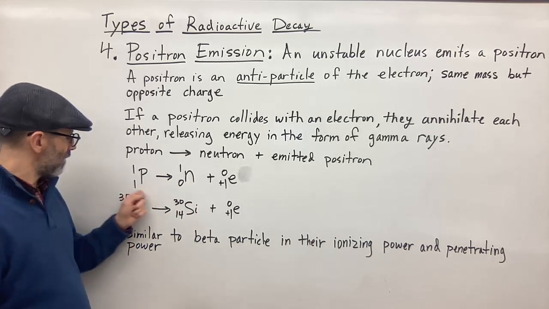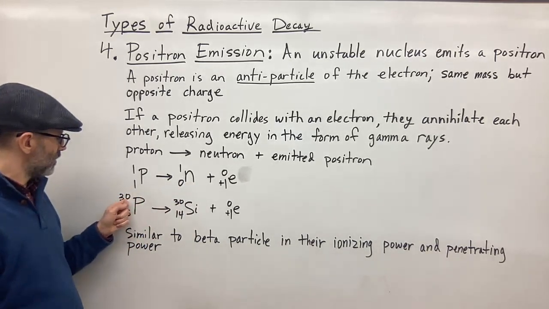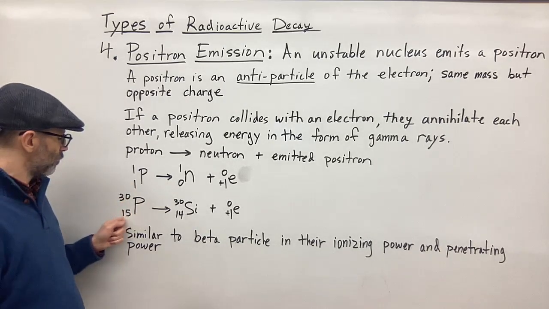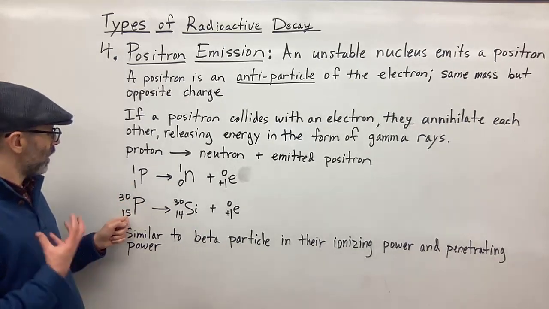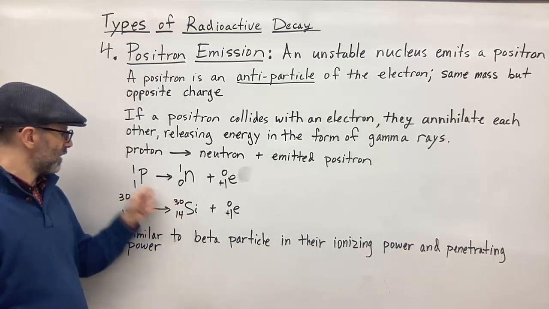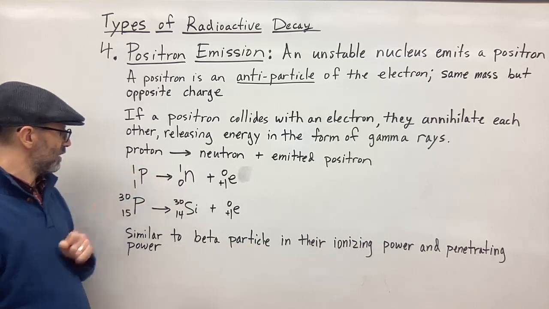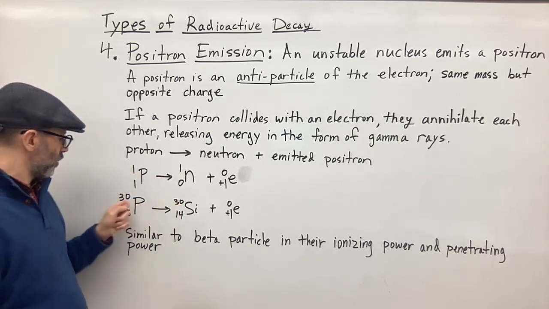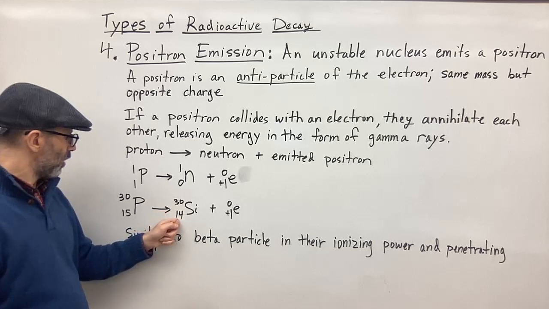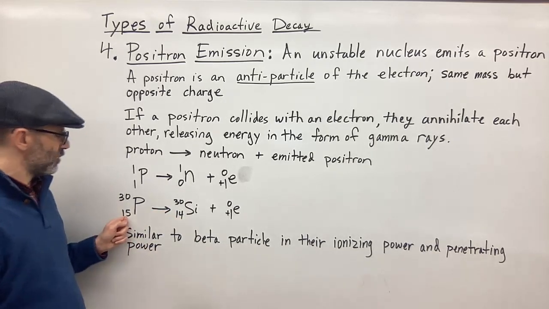Instead of increasing when you have beta emission, it's going to decrease when you undergo a positron emission. So here we have phosphorus-30. We have a 30 on the top, and we have a 15 for the atomic number. And when it undergoes a positron emission, the 30 stays the same since the mass number is the same, plus you have 14 on the bottom, but we have 15 to start with.